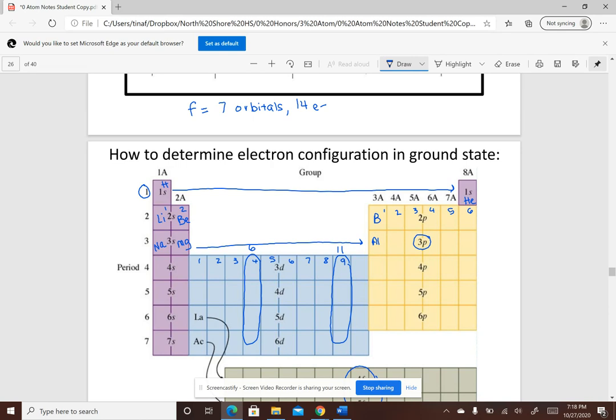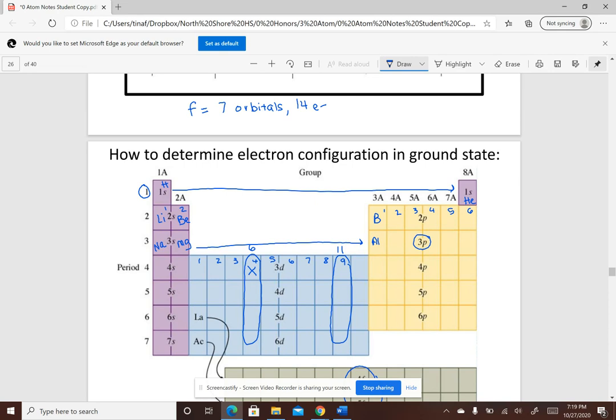So as you're filling up the D orbitals, I would say the electron configuration for this element right here is 4s2, 3d4, right? But there's a rule that d orbitals can hold a total of 10 electrons.